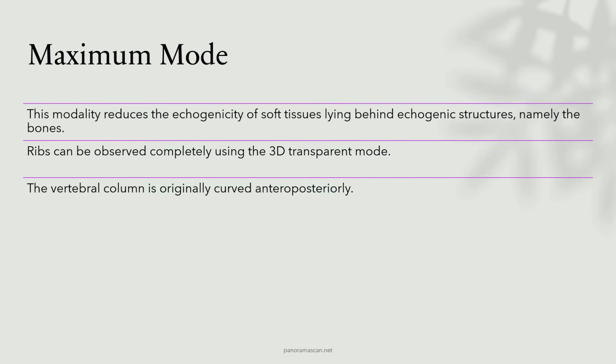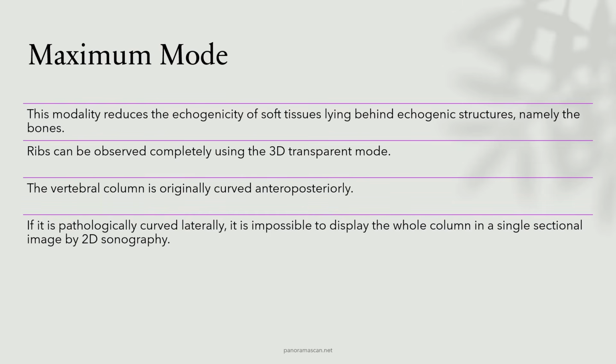Evaluating the fetal skeleton, particularly the thoracic skeleton, can be challenging with 2D sonography, especially when dealing with the curvature of bones. Maximum mode addresses this challenge by providing a clearer, more complete view of the spatial relationships between bones, aiding in the assessment of skeletal development.